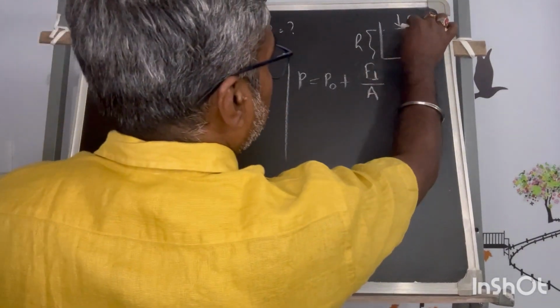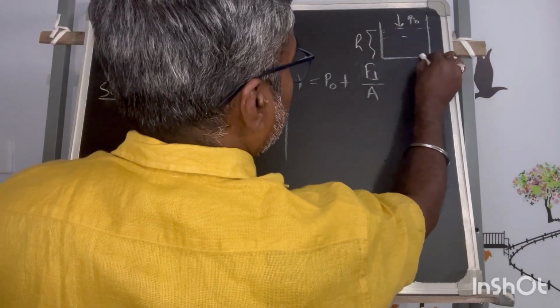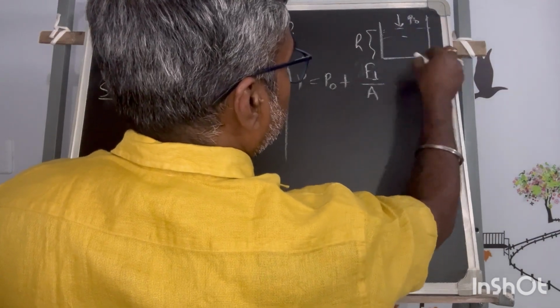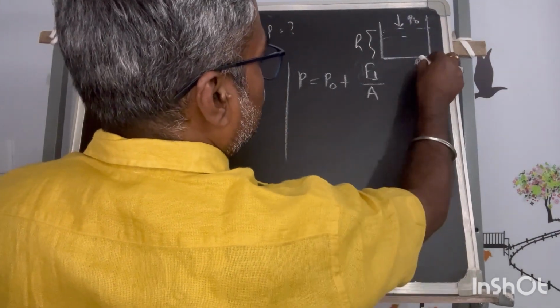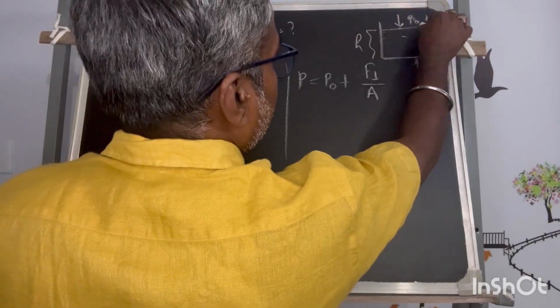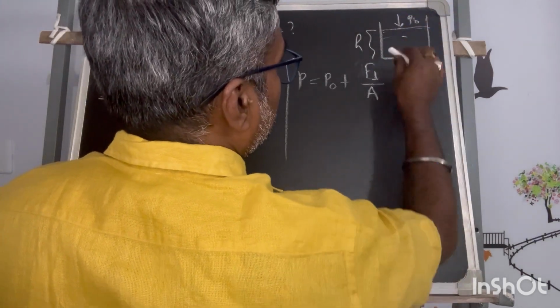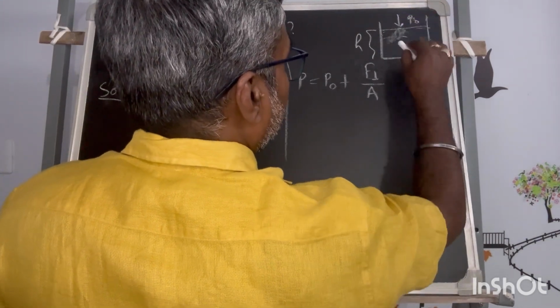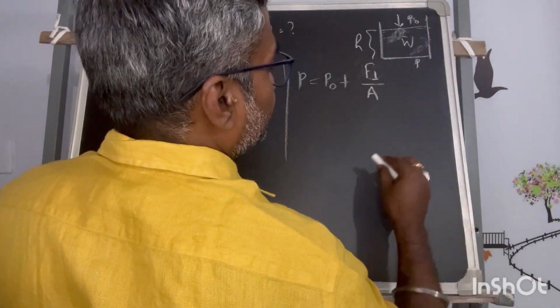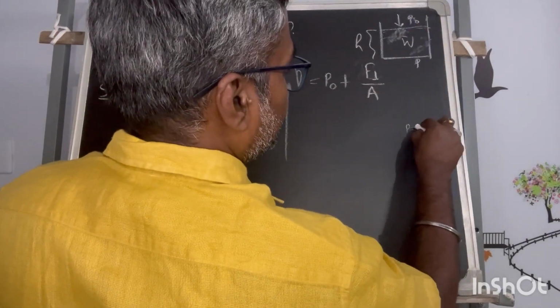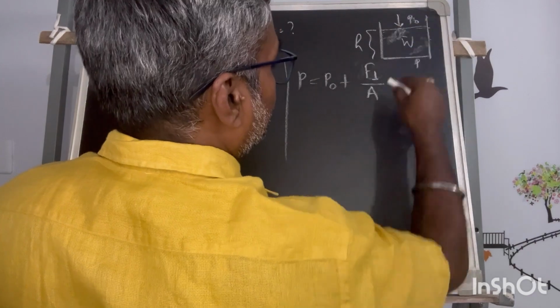Okay, and due to this fluid column, whatever pressure is coming, this is higher pressure than this one, and this is caused by the fluid having weight W. So P is equal to that force.